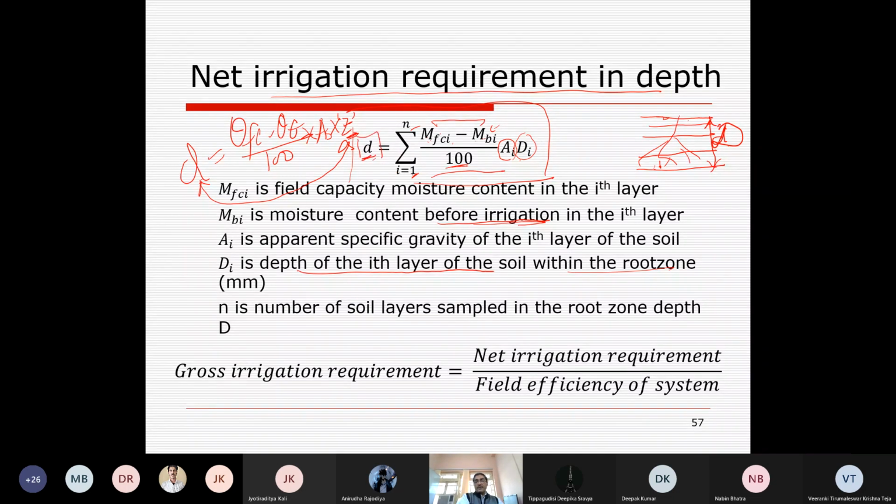However, if we are applying water from the source to the field, you recall we have learned about the conveyance system. It goes through a conveyance system, and in this conveyance there are certain losses of water. If it is an open channel, lateral losses and vertical losses, and if it is a pipeline, maybe some leakage.